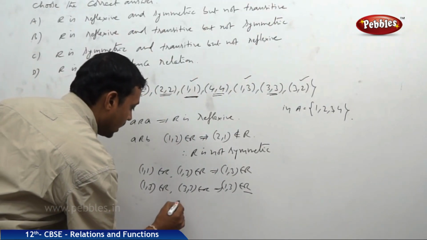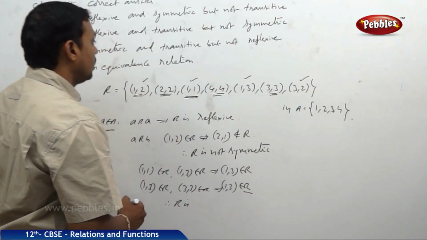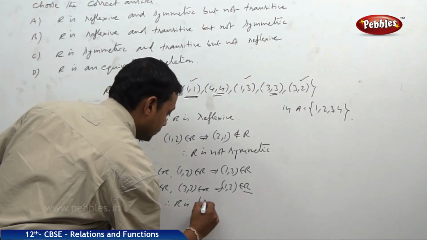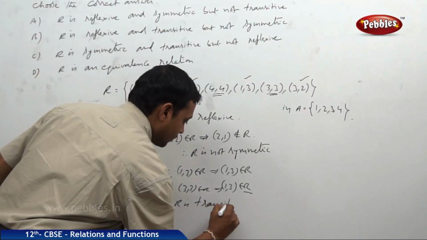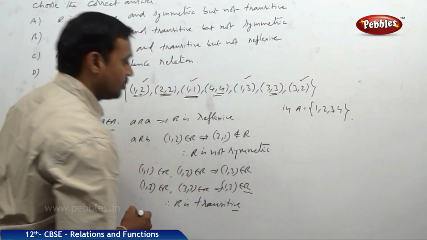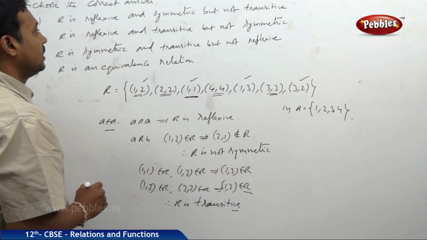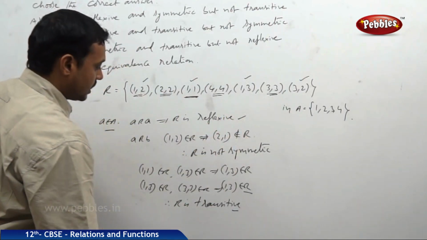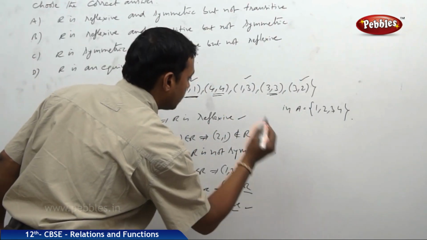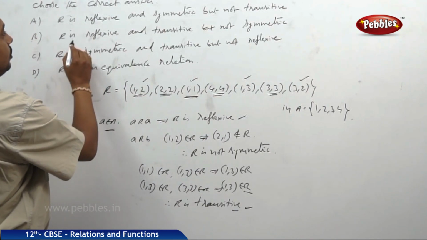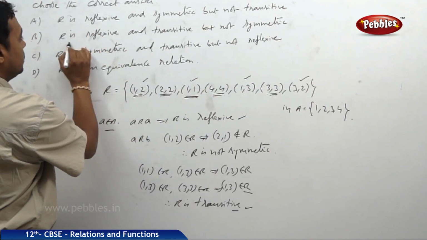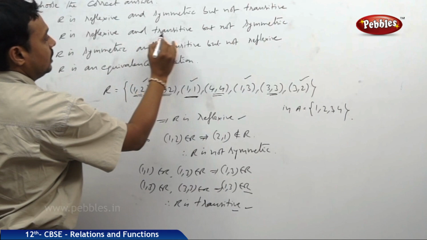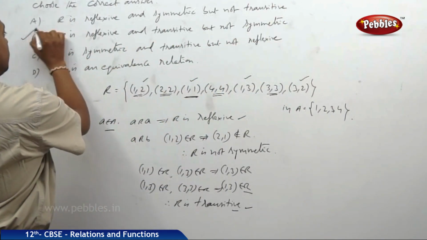So finally, the relation R is a transitive relation. Finally, we can conclude that the given relation is reflexive and transitive but not symmetric. So the second option: R is reflexive and transitive but not symmetric.